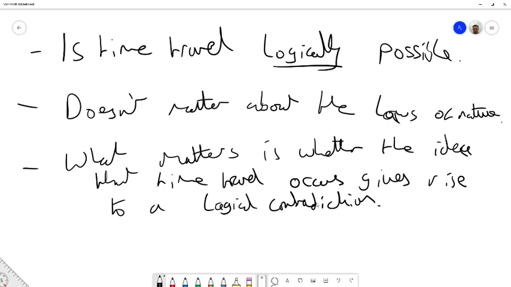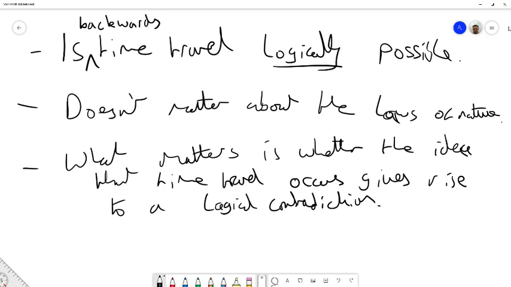And we're going to be focusing on backwards time travel, for a reason which I'll talk about as we go. It's the more interesting sense of time travel. So there we are. That's kind of the ground set for this.